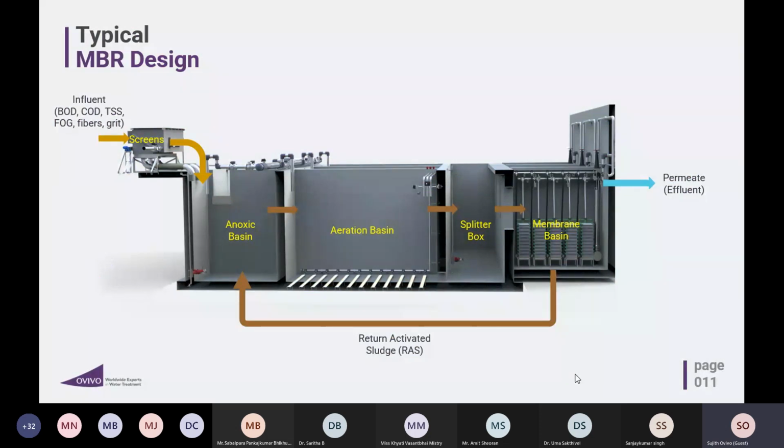This is just a graphical representation of how a package treatment plant would look, right? You have the influent coming in, which has BOD, COD, TSS, and FOG, and you have a fine screen, a 2 mm fine screen, which is essential so that it doesn't hurt your membrane. So we always recommend that one should go with a 1 mm or 2 mm screen.